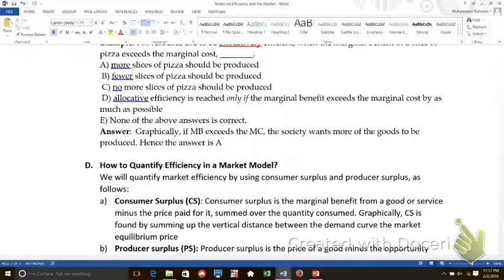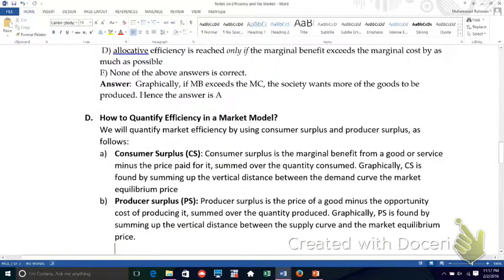Before we try to connect the concept of efficiency with our market model, we need to develop some concepts that will help us to quantify this idea of efficiency. We are going to develop two concepts. One is called consumer surplus and the other one is called producer surplus, and we are going to use those to conceptualize and quantify our concept of efficiency.